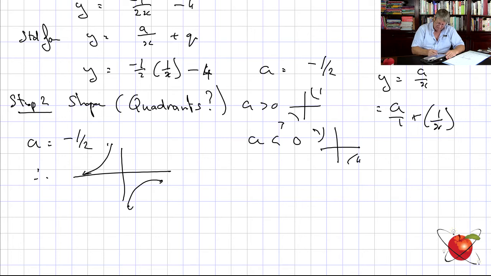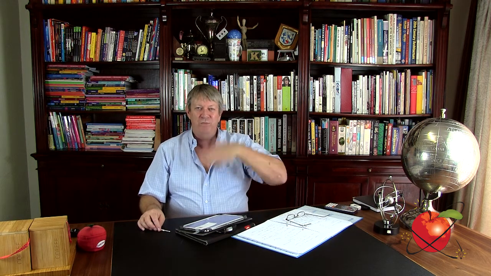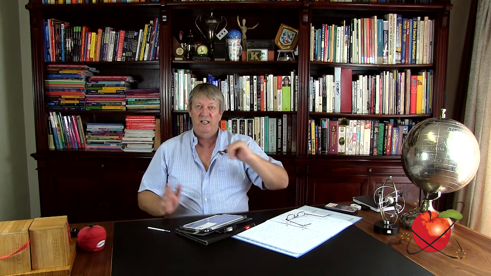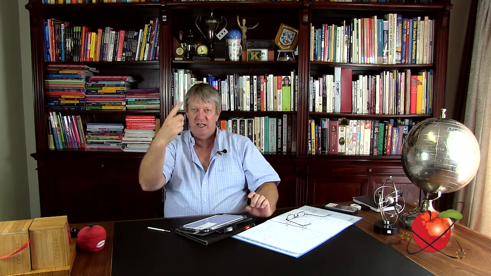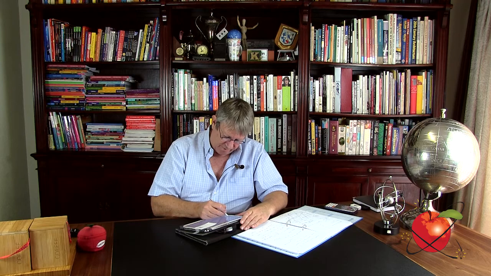Please, when you sketch it for the shape, don't put in the asymptotes. All you're doing is reminding yourself it's in quadrants 2 and 4. Just a very simple sketch, just to trigger the mind to say, when you're drawing it, where am I? Oh, I'm in 2 and 4. Next is step 3.